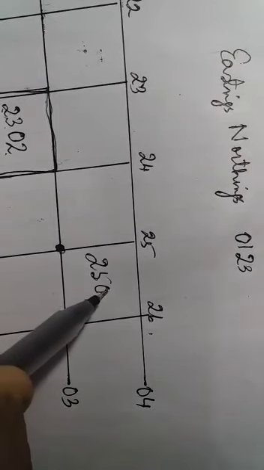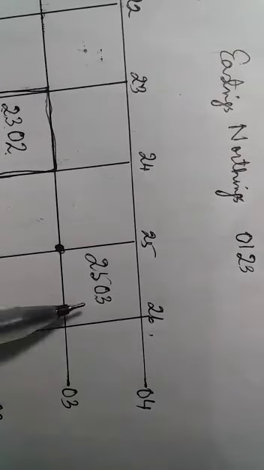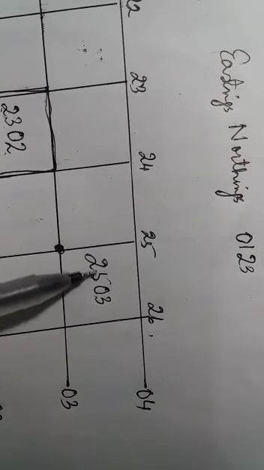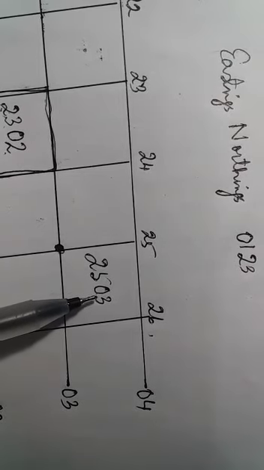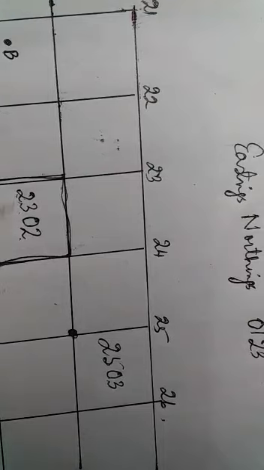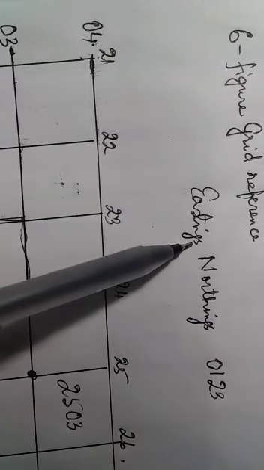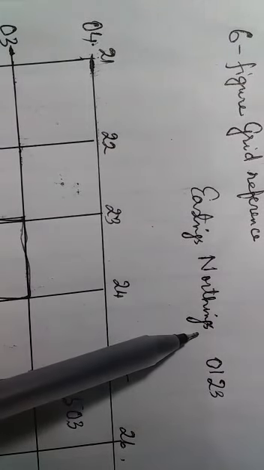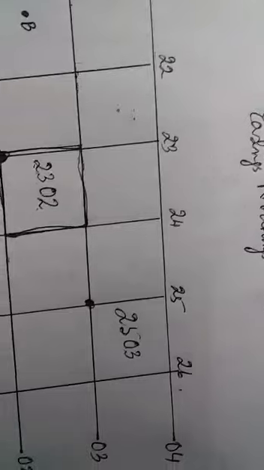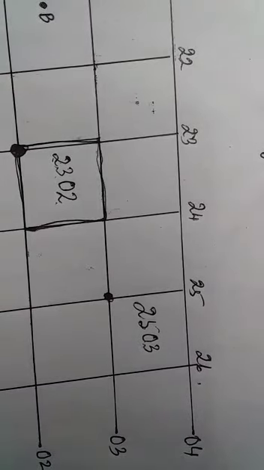So I'll be writing 03. Now if you change the order, suppose you have written 03 and 25, then you don't have that grid number, that grid square, in this block. So therefore you have to remember: first eastings, then northings. Okay, so this is how you will be doing it.